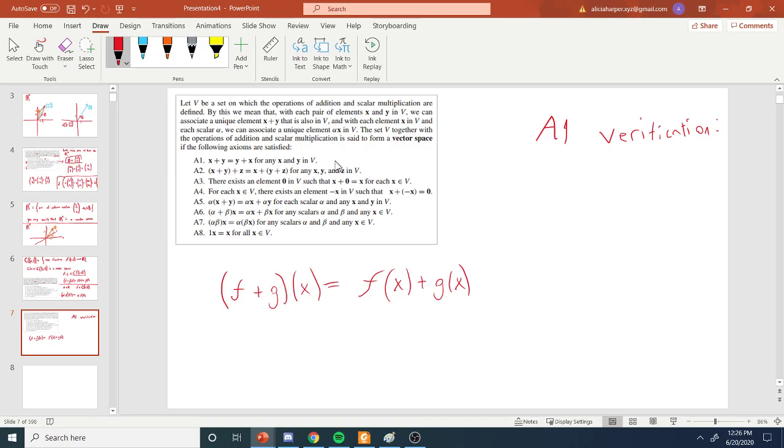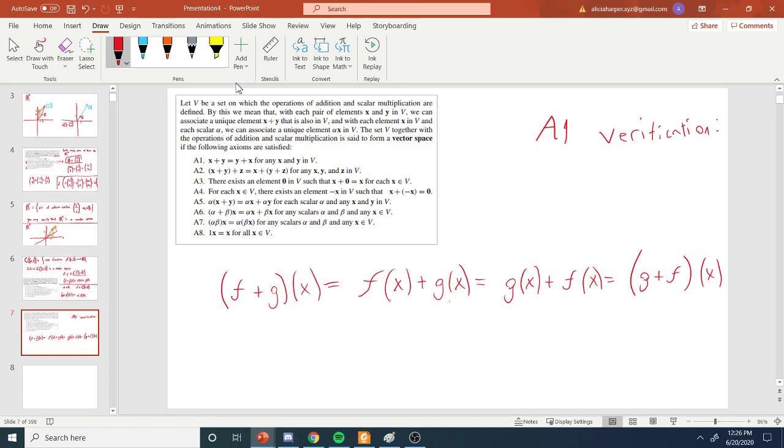But now this is a real number and this is a real number, and addition of real numbers commutes, so this is the same thing as g of x plus f of x, which is the same thing as the sum of the functions g plus f of x. So this verifies commutativity of addition.